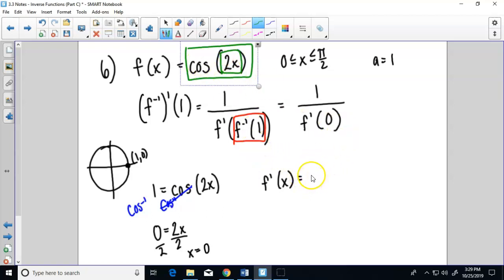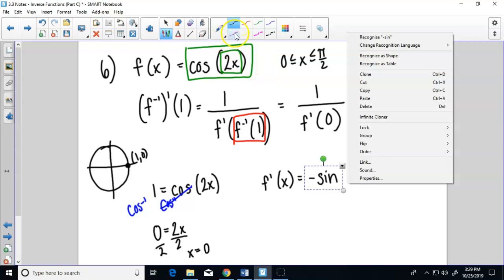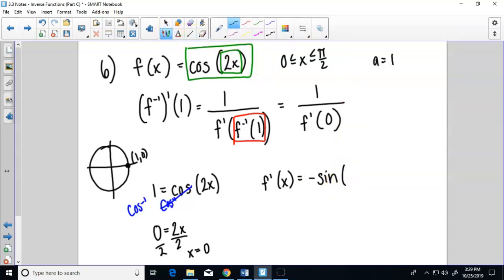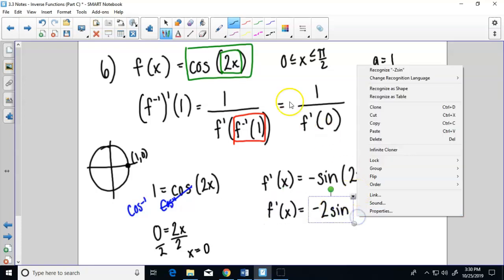So the derivative of cosine is negative sine of 2x. And then you're going to multiply that by the derivative of the inside, which is a 2. And so the derivative of f of x is negative 2 sine of 2x.